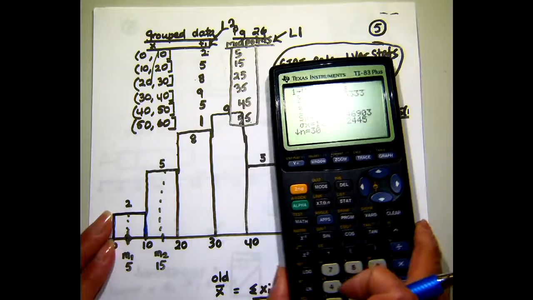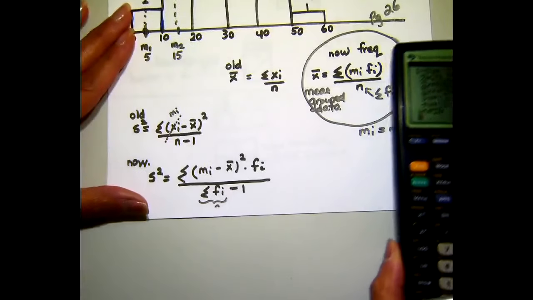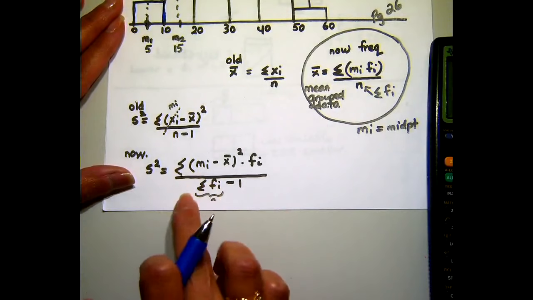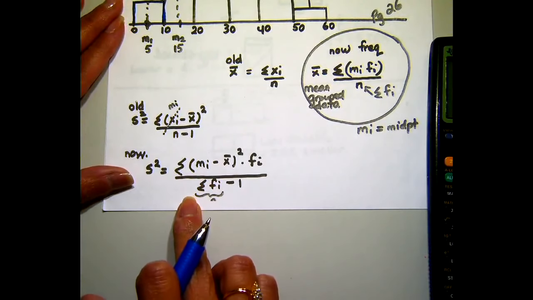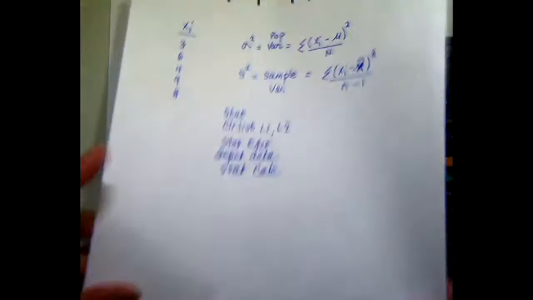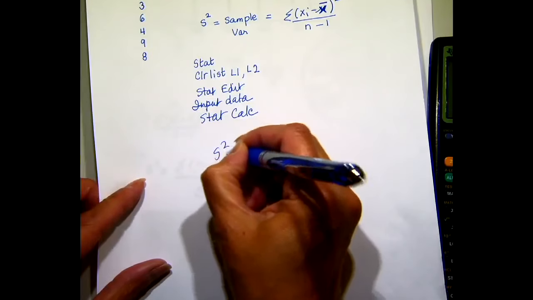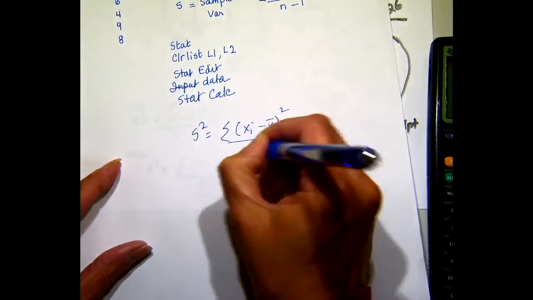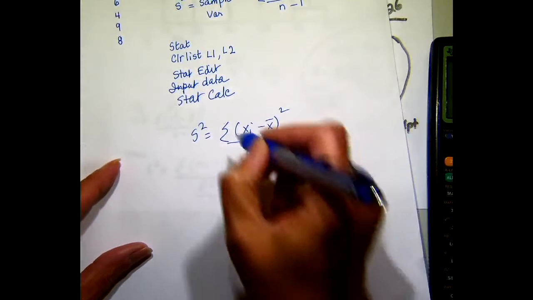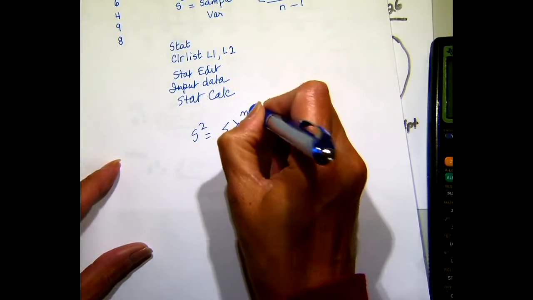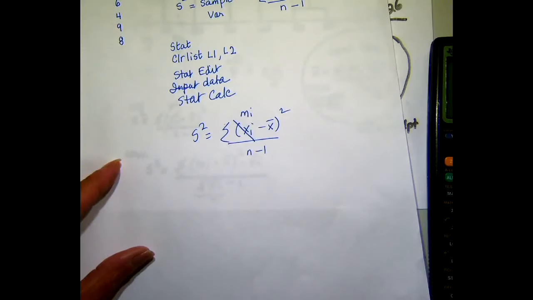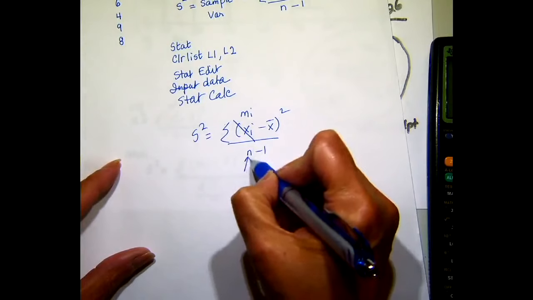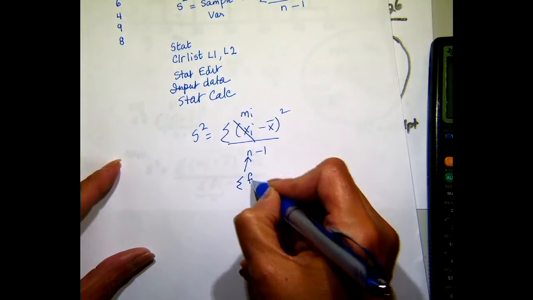So if you were doing this by hand, you would have to make a modification for the standard deviation and the variance formula also. So if you start with your old formula, which is S squared equals summation xi minus x bar squared over n minus 1. First of all, this would change to midpoint, because we're taking the midpoint of the bar. And this would change to summation fi.